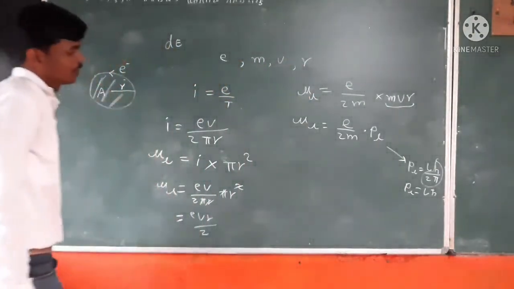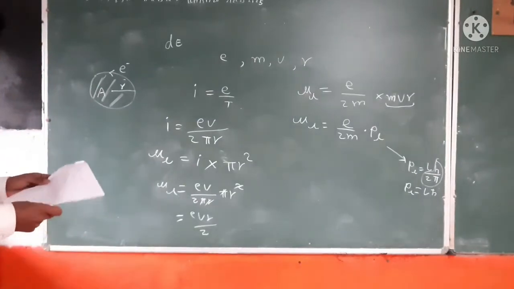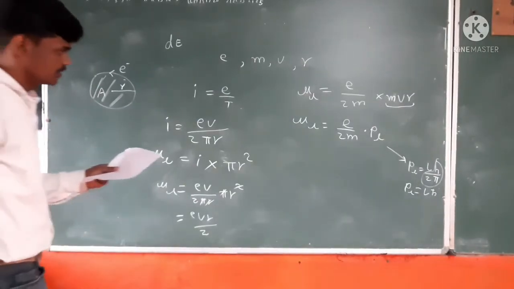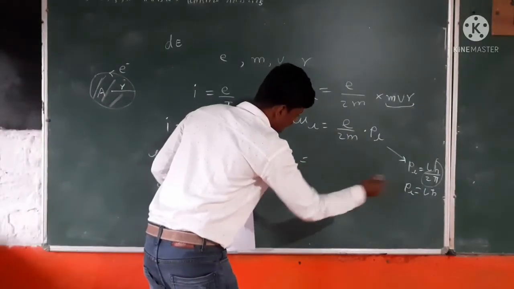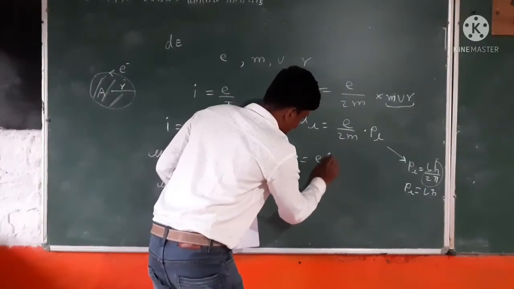So we will use this value here. So we get mu is equal to E by 2m into that value.